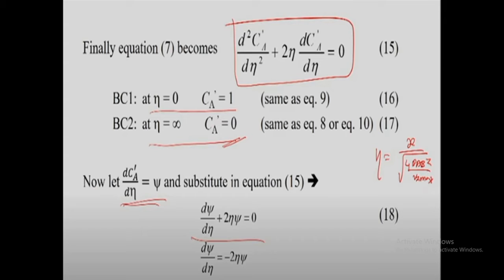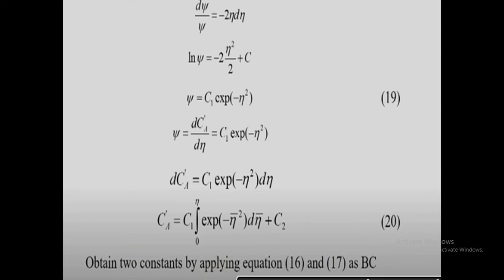These values come to the RHS, d psi by d eta equal to minus 2 eta psi. So d psi by psi is equal to minus 2 eta d eta. Here integrate the expression. Finally we get ln psi is equal to minus 2 eta squared by 2 plus integration constant.